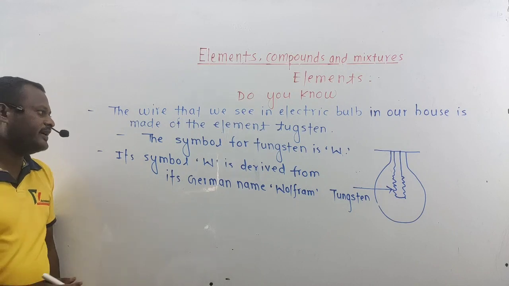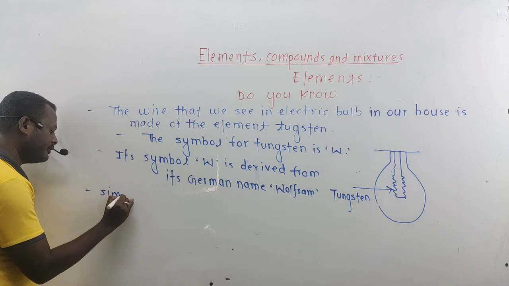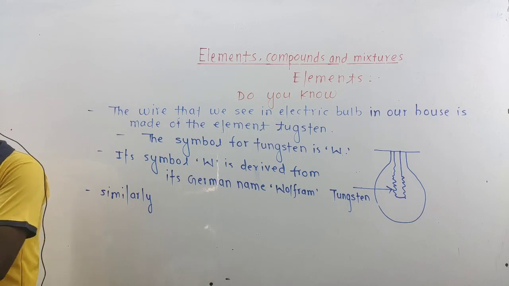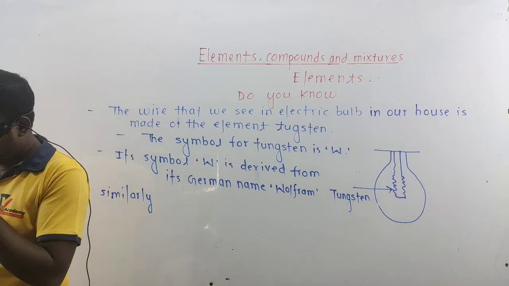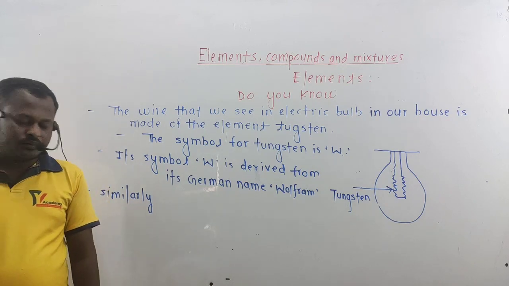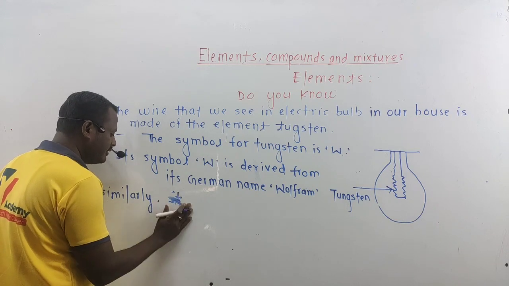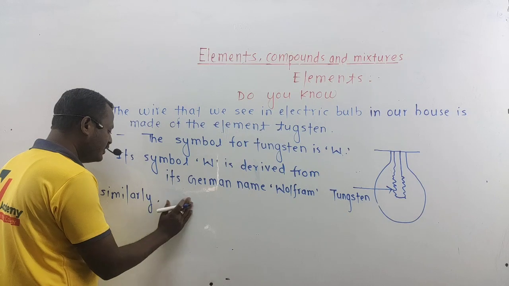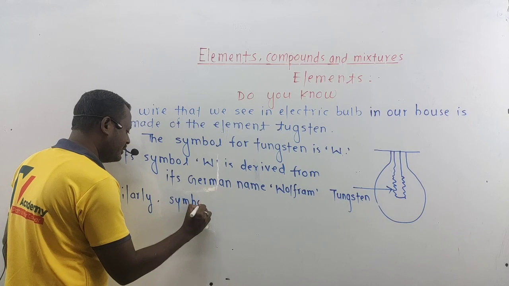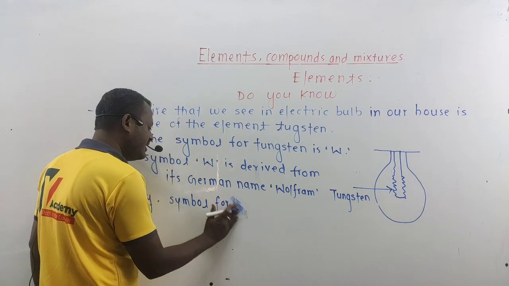Similarly, the symbols of silver and gold. The symbol for gold is Au.